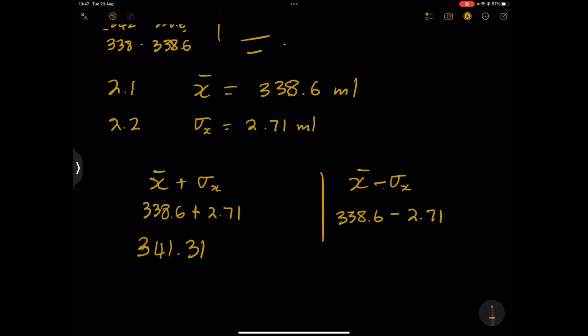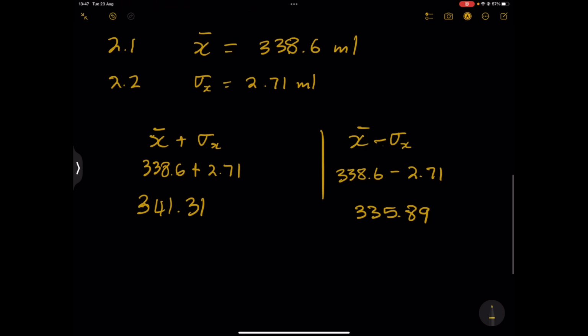Okay, so that's the value that I get. And for this one, if I'm subtracting, in this case I get a value of 335.89. Now remember, they said they wanted values that are within 1 standard deviation.